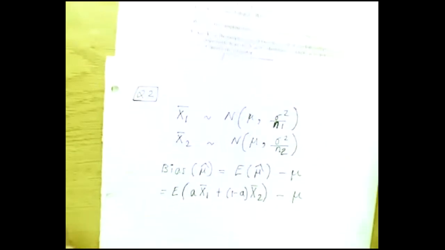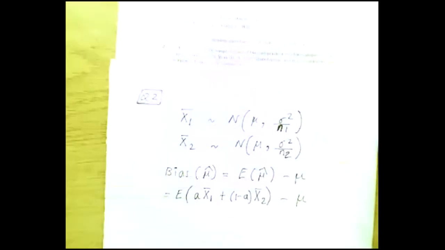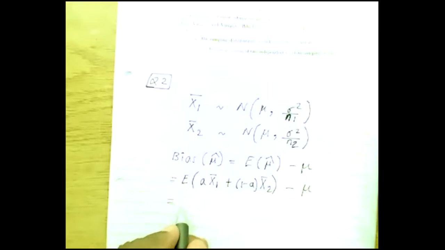Now if you take the expectation inside, this will become a times the expectation of X bar 1 plus 1 minus a times the expectation of X bar 2.